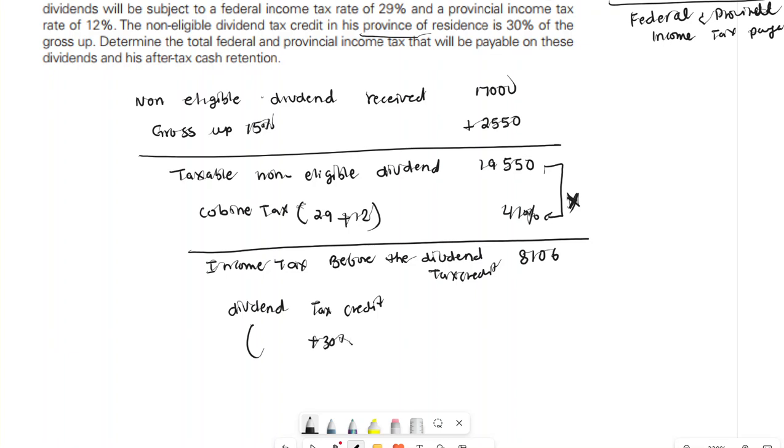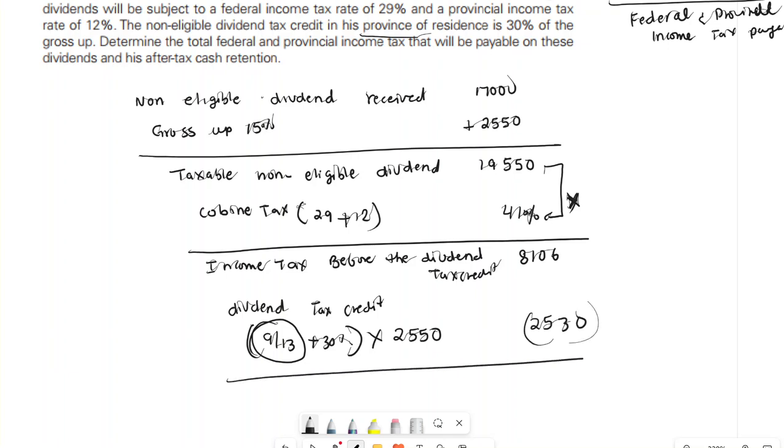The federal for the non-eligible is 9 over 113. You have to memorize this part, and that will be applied to the gross up amount. That didn't change, so 2550, and I will get an amount of 2530, and that is the amount.